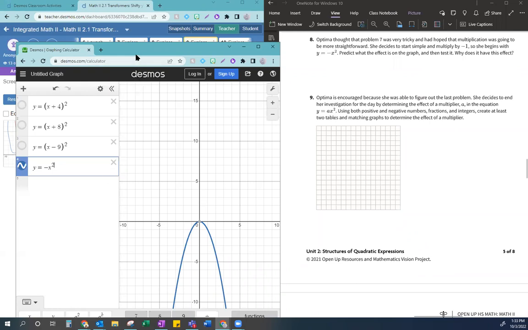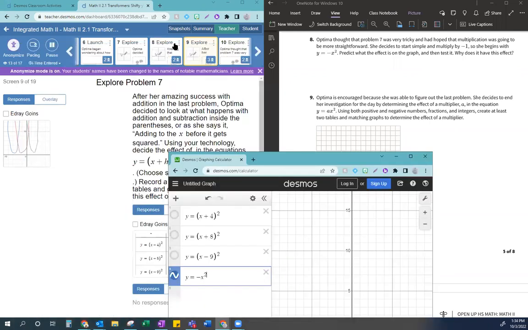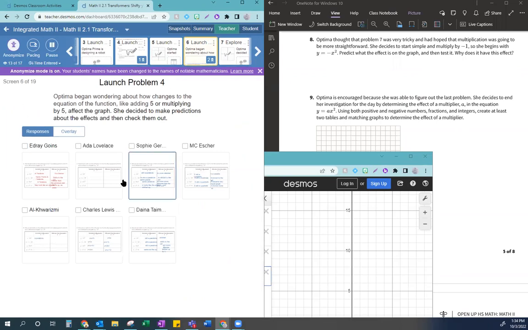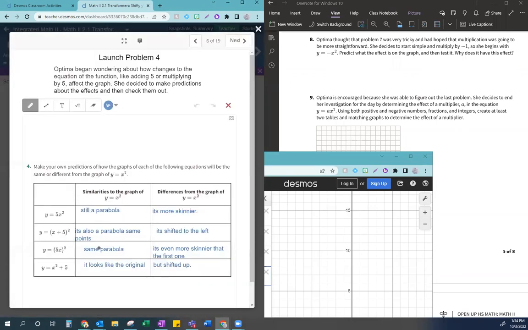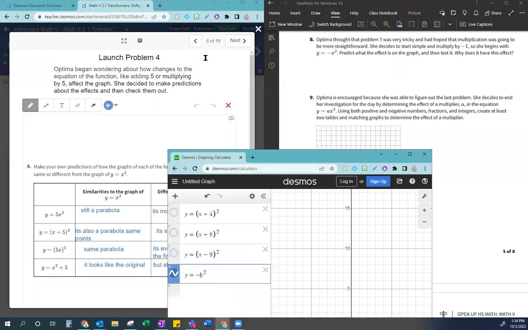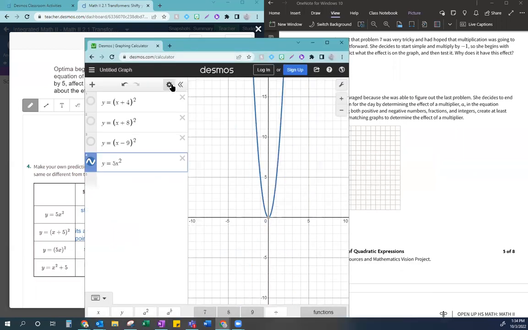You guys talked about this before, and someone talked about it being skinny. Do you guys remember that? Where was that? Right here, somewhere here. Yeah, someone talked about it as being skinny and skinnier, right? Do you guys all remember that? So I just want to show you what happens when I change this negative to a 5 versus our original guy, x squared.